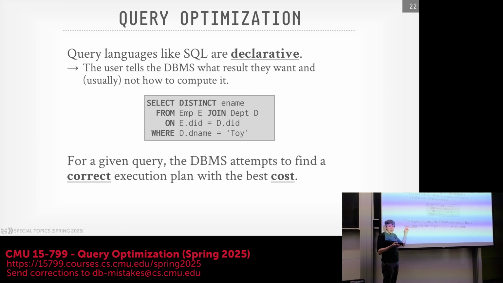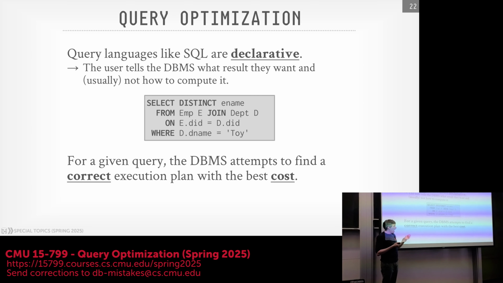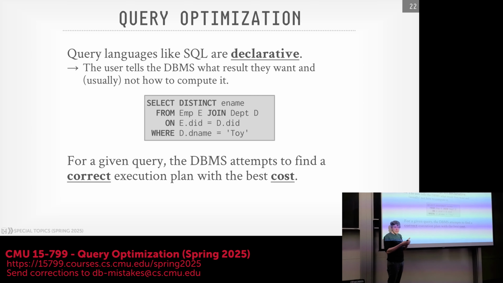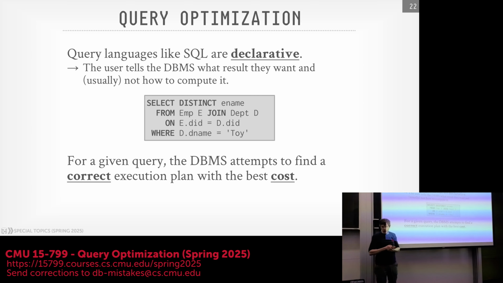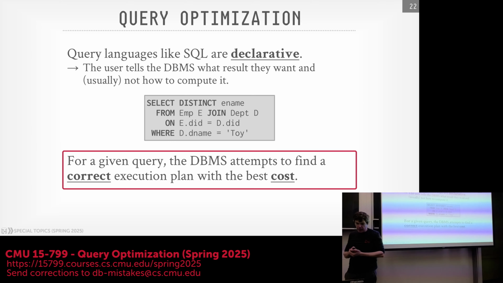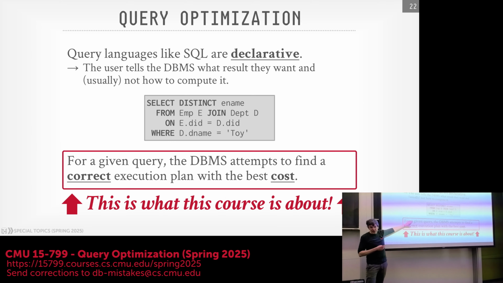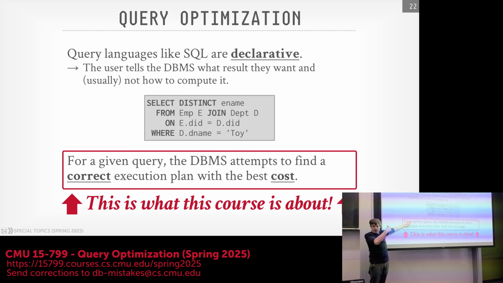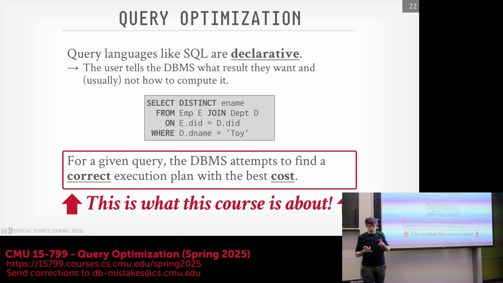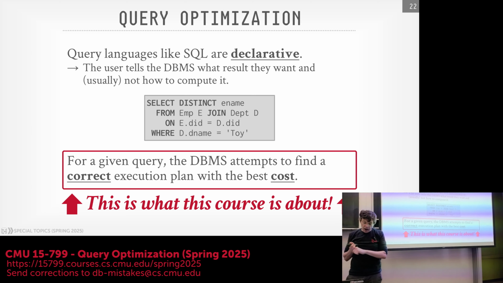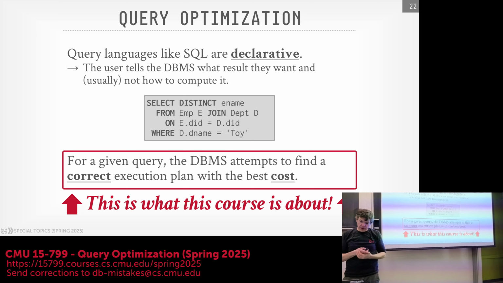It's going to be super fast, but obviously it's going to be wrong. So we want to understand the semantics of what queries are trying to do as specified through SQL, and then find the best alternative for running the query in the most efficient way. This sentence is what this course is entirely about: how to do this quickly, efficiently, and obviously correctly.